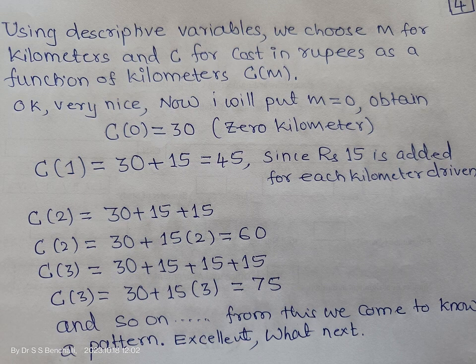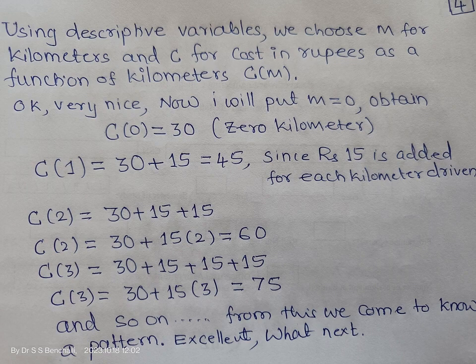When I replace m by 3, I obtain 30 plus 15 plus 15 plus 15, 3 times, I mean 30 plus 15 into 3. Totally, I get 75 rupees and so on. Like that, you can replace m by 4, 5, 6 and so on. Right? So from this, we come to know a pattern.